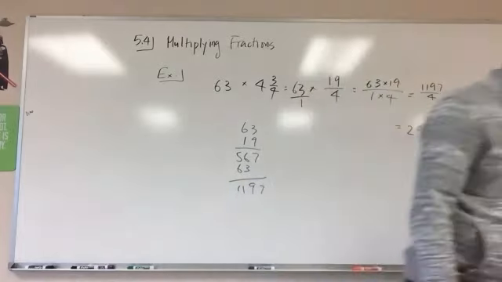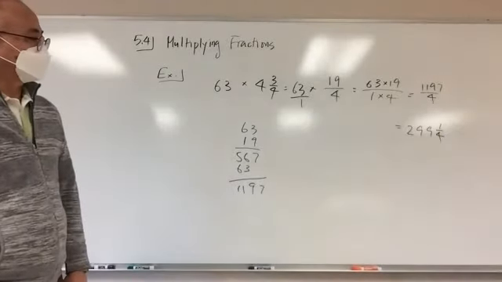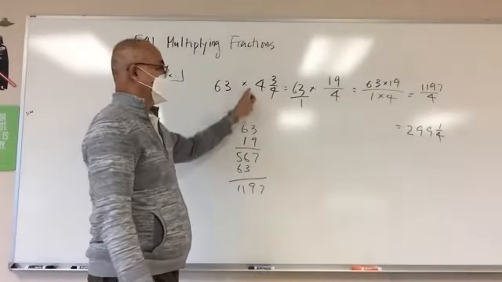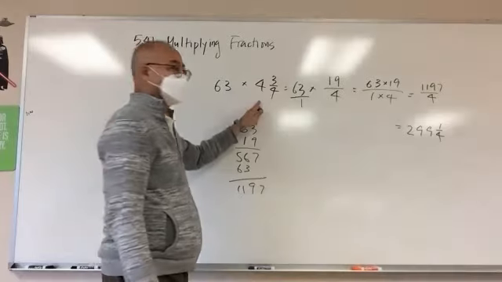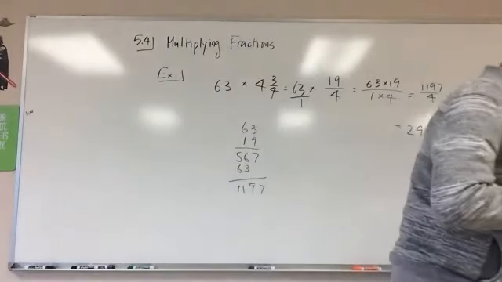Is that what that is? Yeah, that's the correct answer. Good. Okay. So again, the key here is to change this into an improper fraction, and then do the multiplication, right?